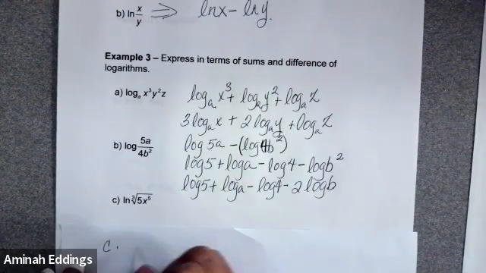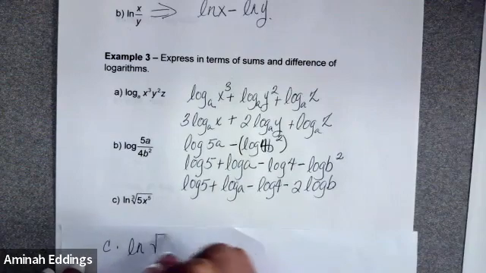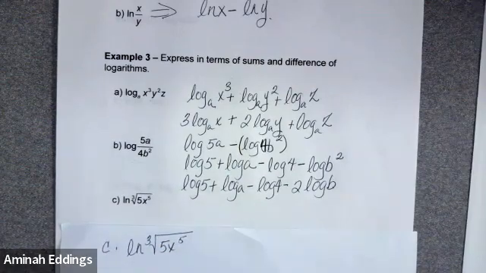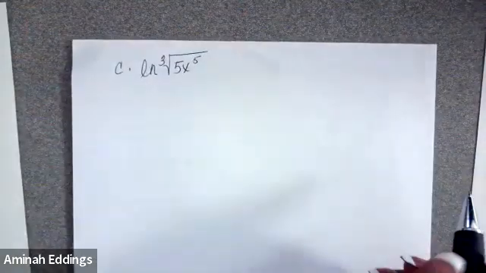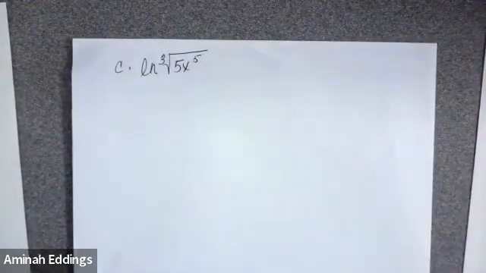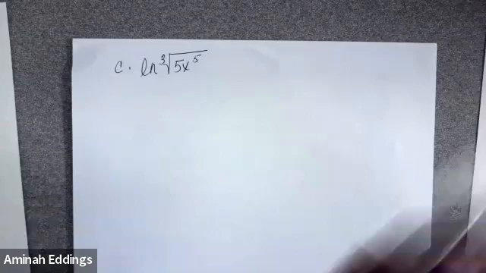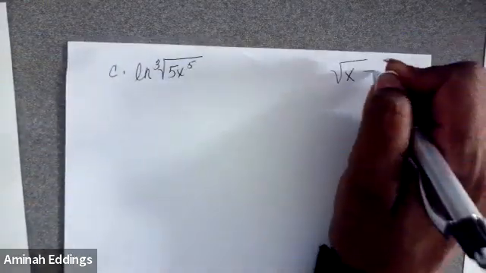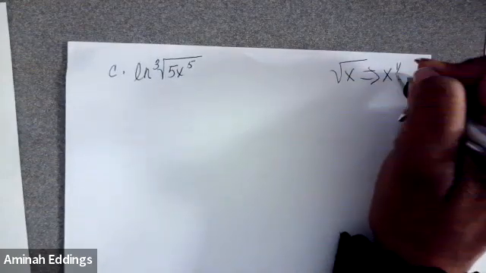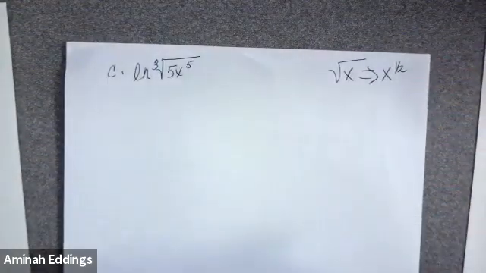So C is the natural log of the cube root of 5x to the 5th. Okay. All right, so this one's a little different simply because we have a radical, but we know how to rewrite that radical. We know if we have the square root of x, that's the same as saying x to the 1/2 power, correct?